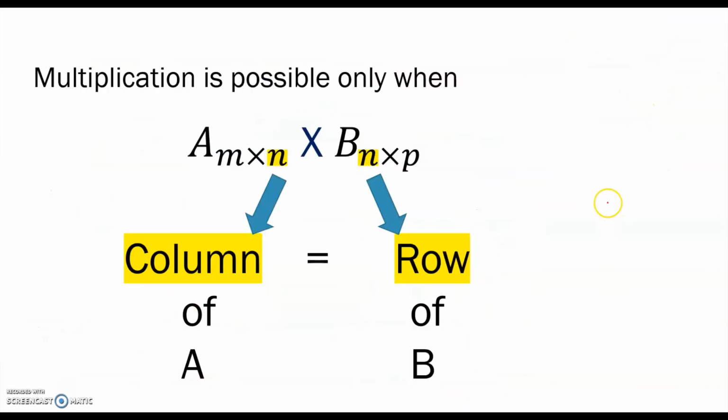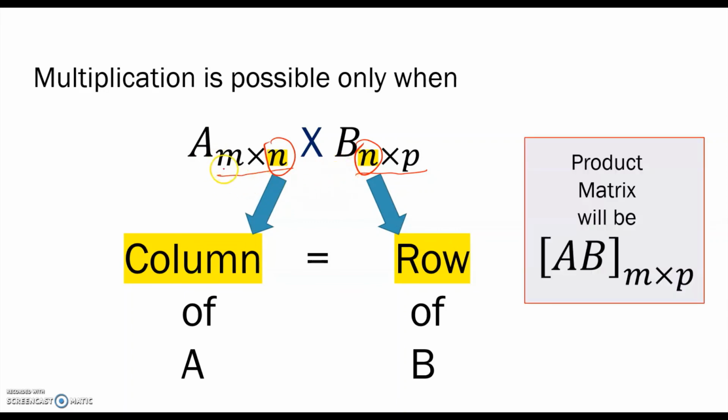So to summarize, if you have a matrix A with m by n order, and you have a matrix B with n by p order or size, since n and n are equal, you can multiply them, and when you multiply, your result will be an m by p matrix.